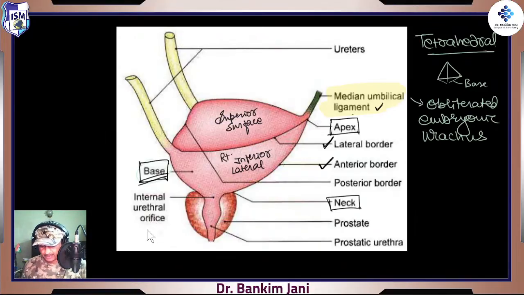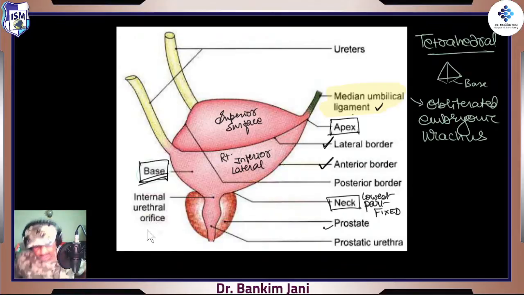Regarding this neck, the neck is very important because this is the lowermost part, and it is fixed, right? Now, in case of male, say this is the prostate which is closely associated with the neck, right?